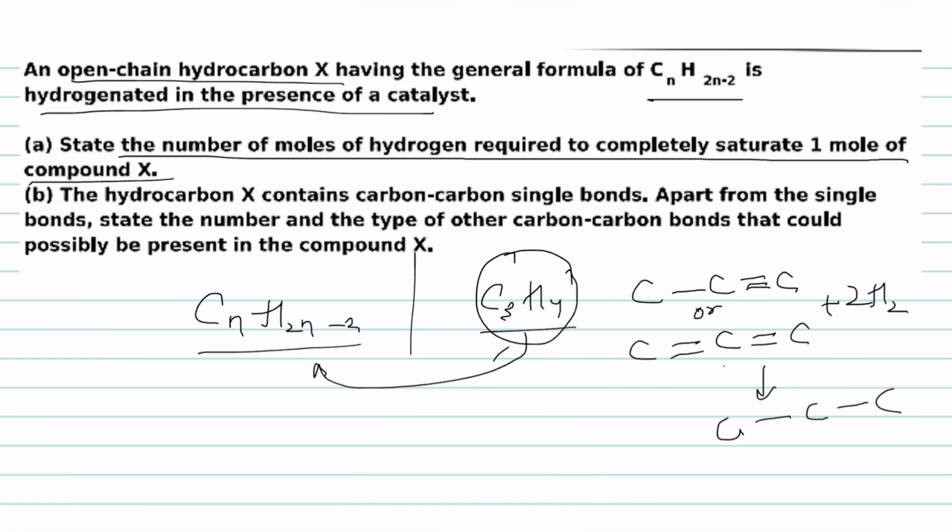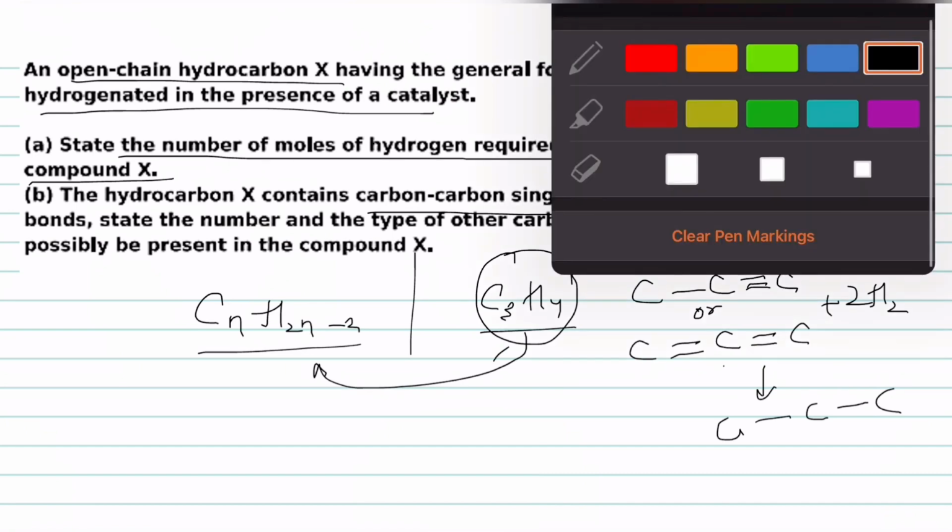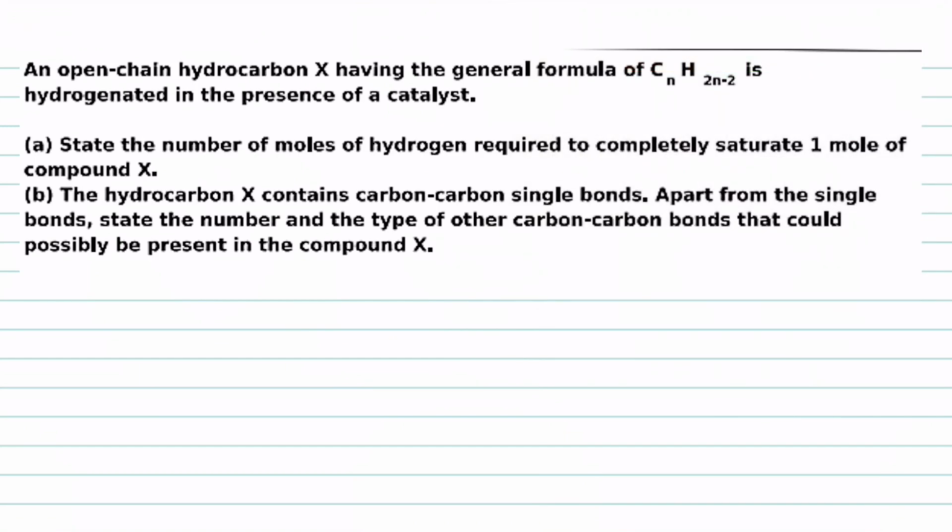The hydrocarbon X contains a carbon-carbon single bond. Apart from single bonds, state the number and type of other carbon-carbon bonds that could possibly be present here. So let's say you have a carbon-carbon single bond, and we just saw that it can have a carbon-carbon double bond also.